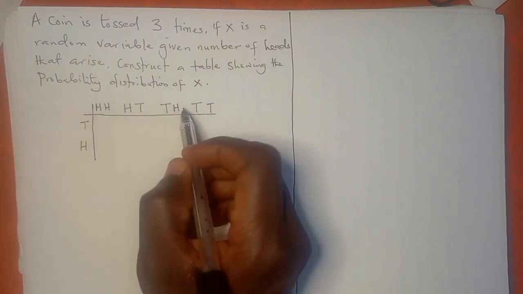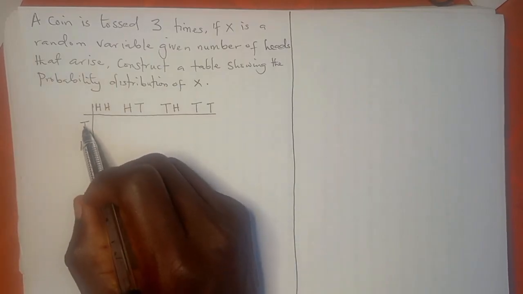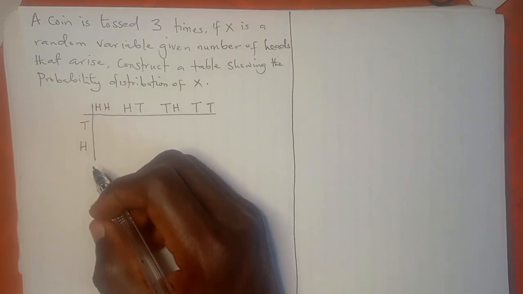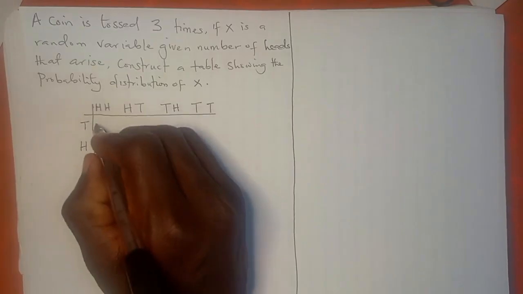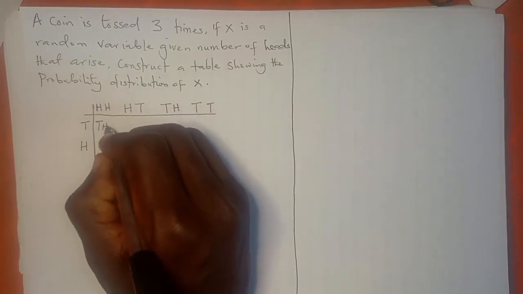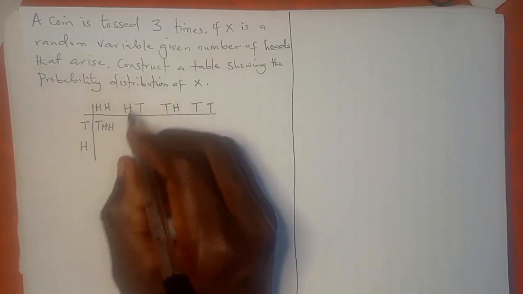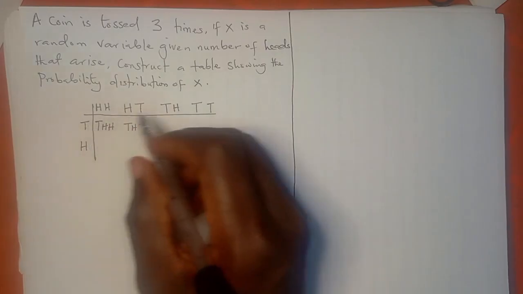So we want to generate the sample space of tossing a coin 3 times. The one at the top here is the sample space of tossing a coin twice, and the one vertical here is the sample space of tossing a coin once. So we're going to have tail, head, head; tail, head, tail; tail, tail, head; tail, tail, tail.